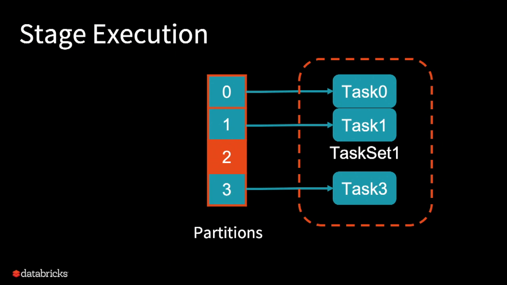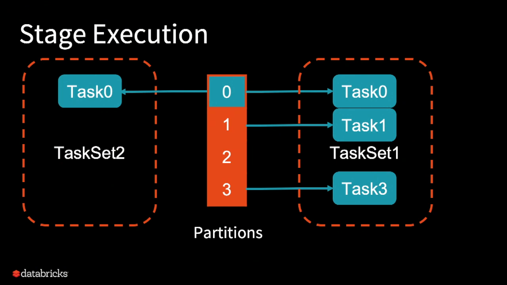So in this example, there are 4 partitions in the input RDD, and we have finished the execution on partition 2. So when we start a new task set for the stage, task set 1 only launches tasks on the missing partitions, that is partition 0, 1, and partition 3.